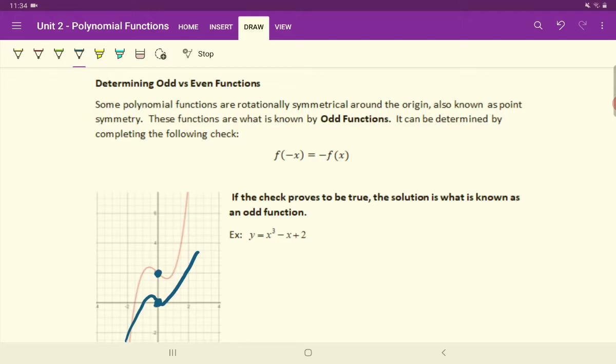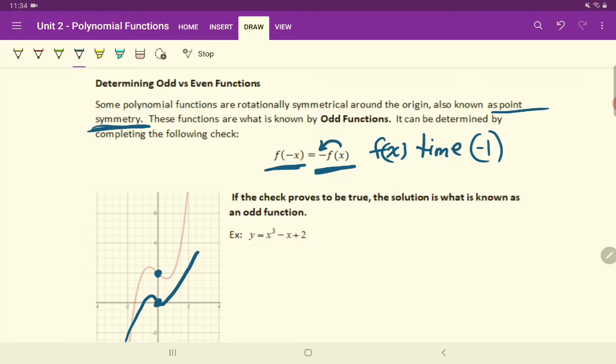The way you check if it has what's called point symmetry is you find f at negative x, so you substitute negative x into your equation, and then you also find negative f of x. That means f at x times negative 1. If those two equations end up being equal, then we have what's called an odd function.